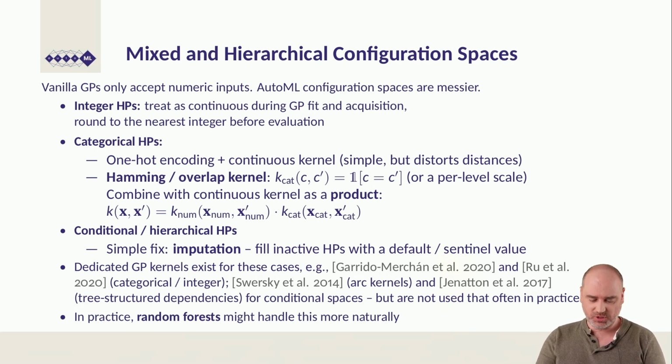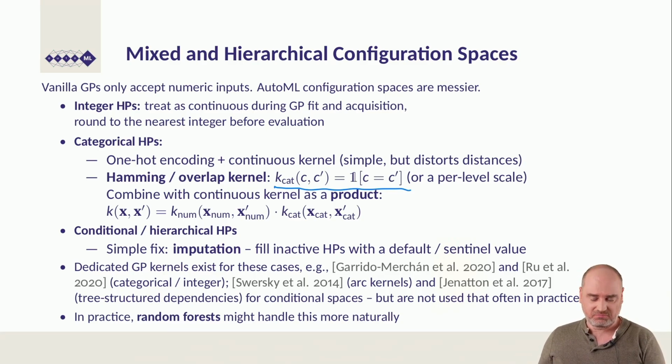Or you can use a more appropriate Hamming kernel by modeling the correlation between the categorical parts, so to speak, of your configuration through such a, I don't know, binary evaluation where you say, okay, it's correlated with 1 if the level in a certain categorical feature is exactly the same between x and x dash.